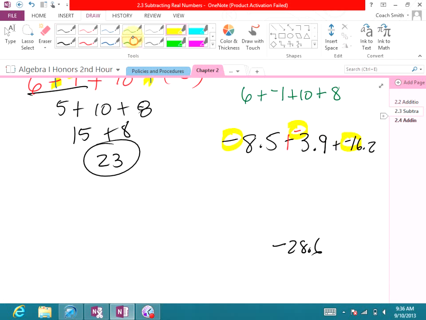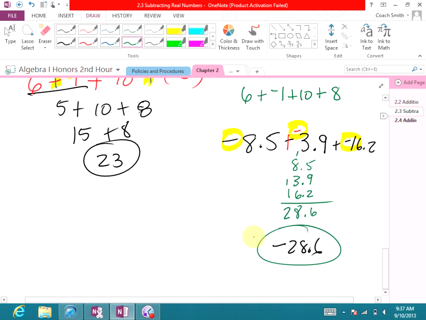So all I have to do is 8.5, 3.9, 16.2. 5 plus 9 is 14, plus 2 would be 16. Bring down my decimal, bring up my 1, 9, 12, 18, carry my 1, 2, and then keep the negative sign. So negative 28.6.